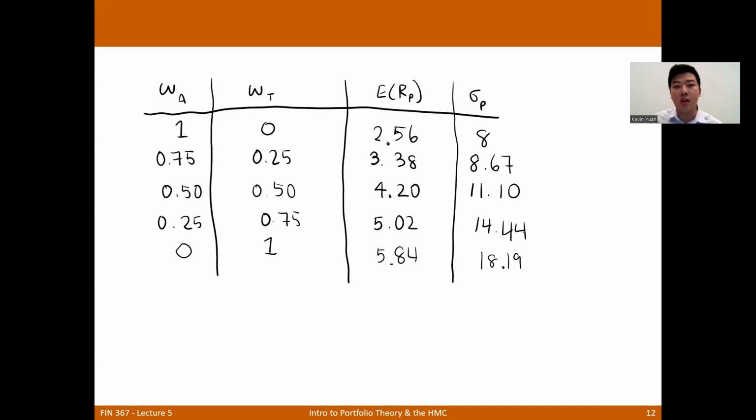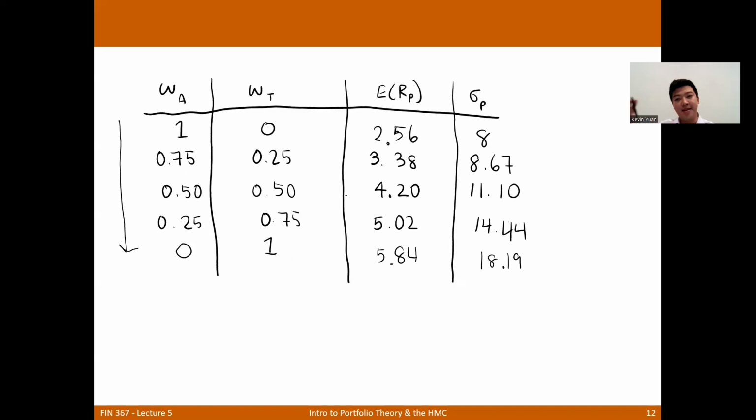Okay, let's take a look and get some intuition from these numbers, because there are a lot of numbers on the board, and these were computed from pure math. But let's see what intuition we have. When we're going down this column, what we're saying is we're going to get rid of some Apple and load up on some Tesla, right? Because that's what it's showing. Your weights in Apple are going down, your weights in Tesla are going up. What's actually happening to our portfolio? Well, the expected return is going up. And let's ask ourselves, does that make sense?